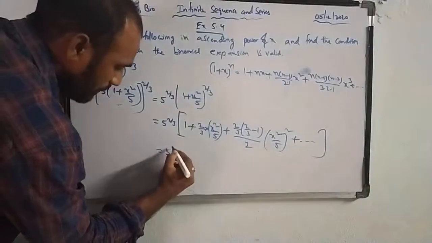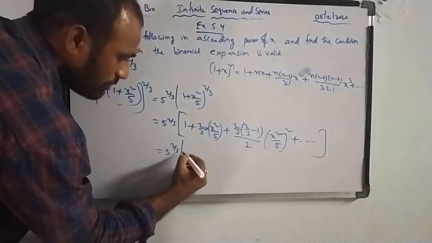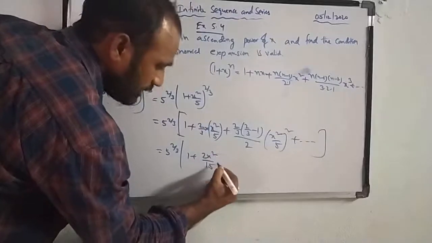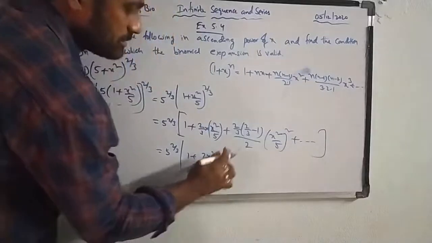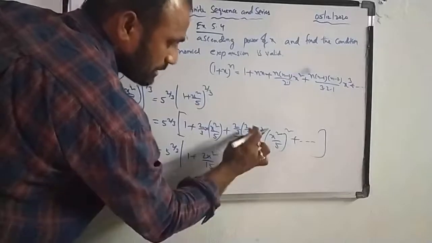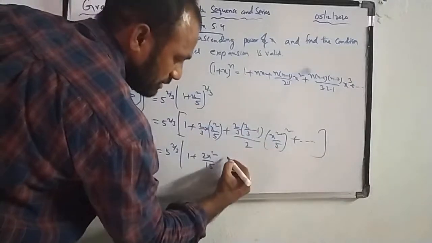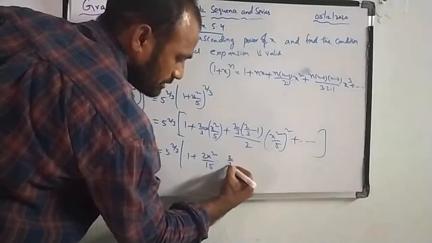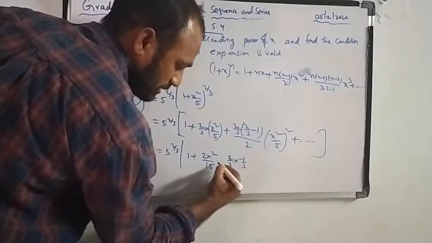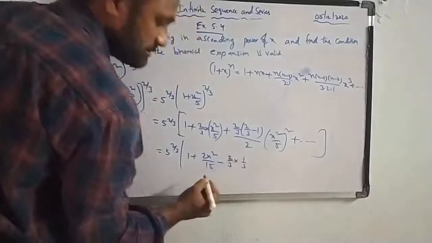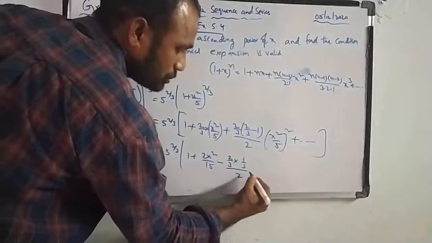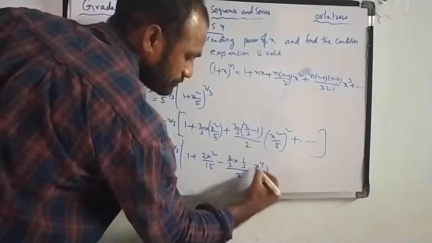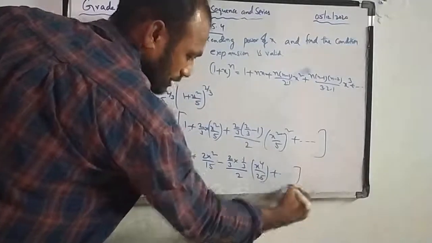So let me take 5 power 2 by 3, 1 plus 2x square by 15 plus, so it will be minus here: 2 by 3 into minus 1 by 3, by 2, into x power 4 by 25, plus so on.